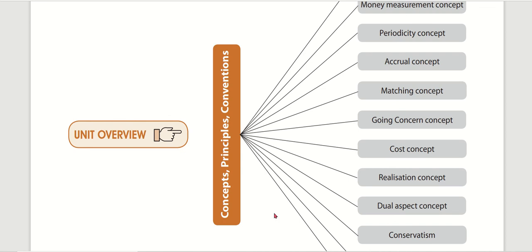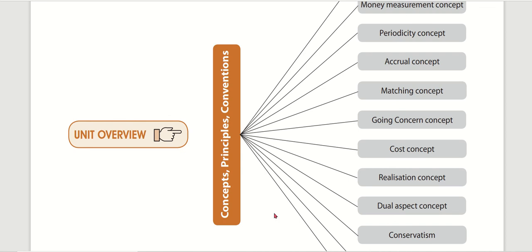Now, if you can sell this stock at more than 1 lakh, then we know that the net realizable value is higher than 1 lakh. Let's assume you can sell it for 1 lakh and 20,000 rupees. Then, based on the accounting standard, we will not value closing stock at 1 lakh 20,000 in the balance sheet. We will only value it at cost price, which is lower than the net realizable value. Therefore, we must value it only at 1 lakh.